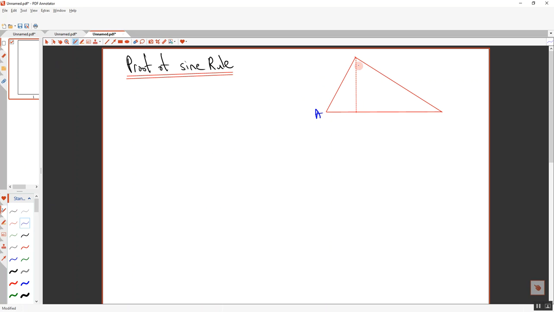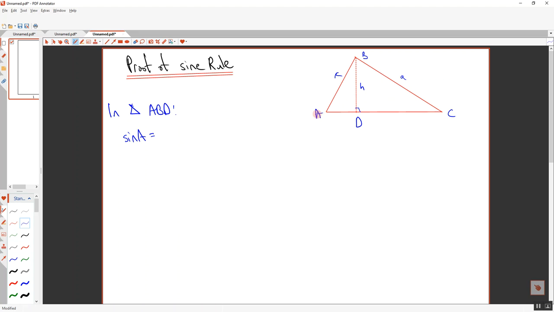Okay, so we got A, B, H. This is little c, big C. This is a right angle. This is D. This is little a. All right, so in triangle ABD, I can see that sine of A is equal to what, Ari?